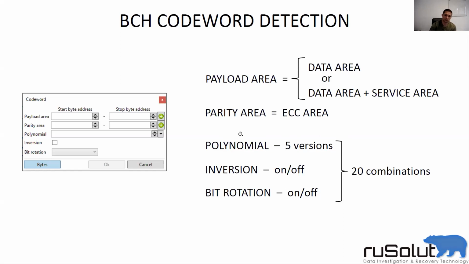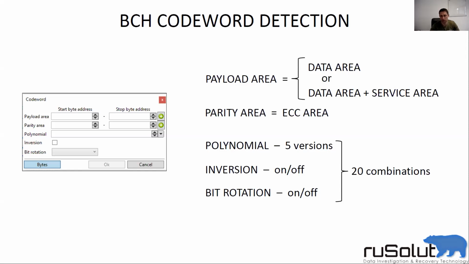So usually this approach may be used if you have some device where standard polynomial is used and that inversion bit rotation things, but size of ECC is a little bit different, let's say. So we have in database code words for ECCs like 42 bytes, but your particular device has ECC 46 bytes, let's say.